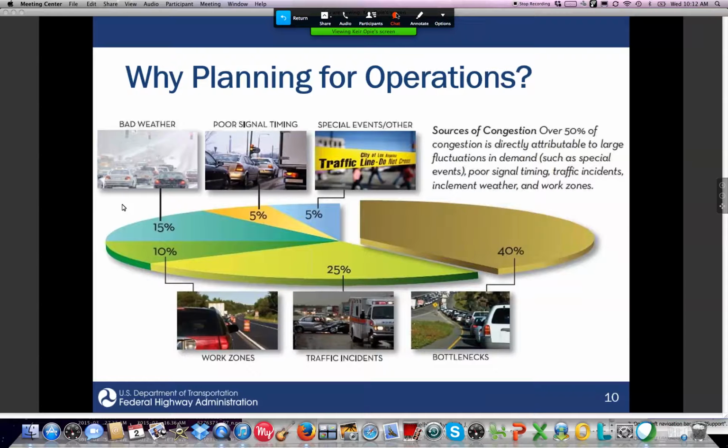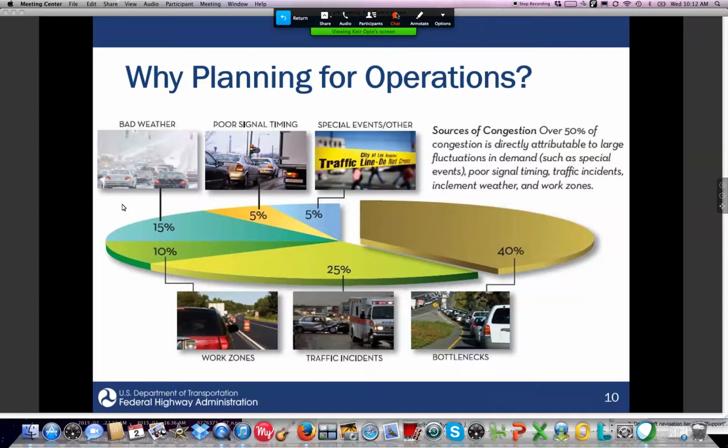In this particular case, these are all national average stats. Bottlenecks, or what we often refer to as recurring congestion, is typically less than half of the actual delays that we see out there over the course of a typical year. That's what we are traditionally used to planning around.